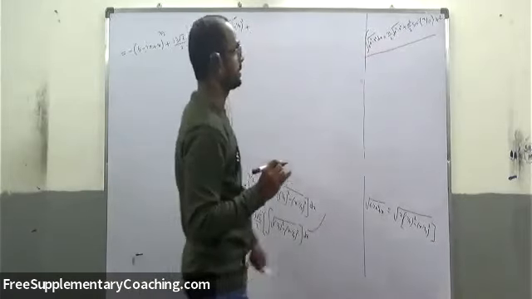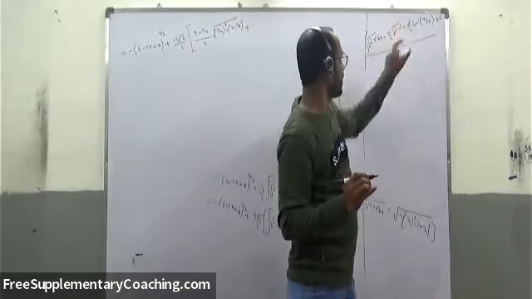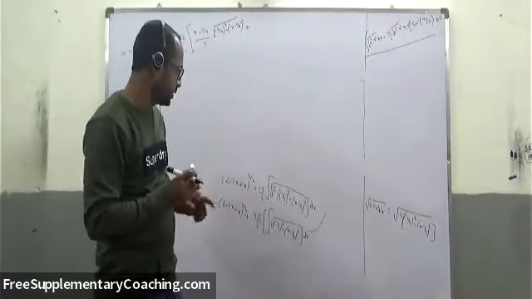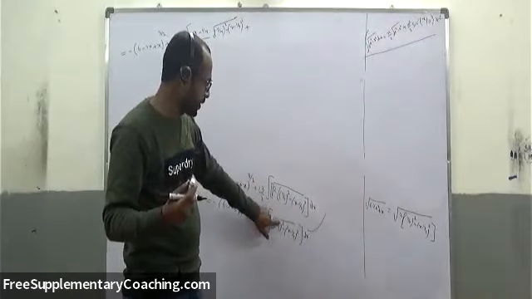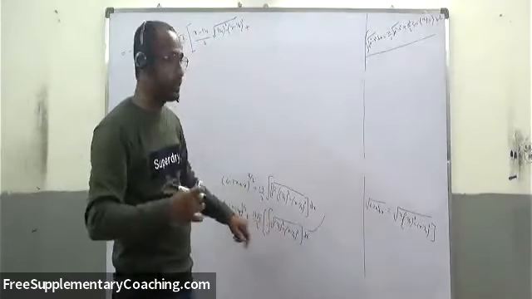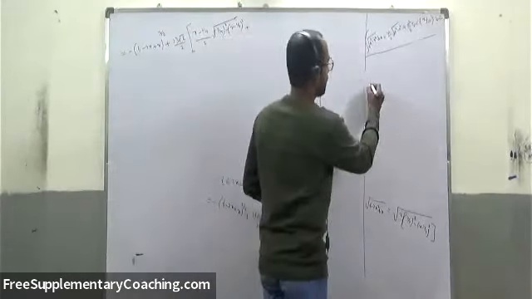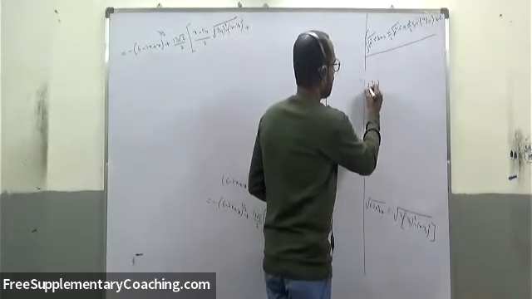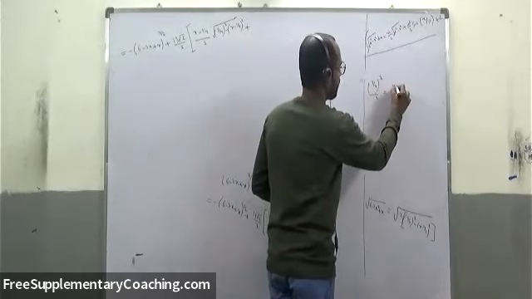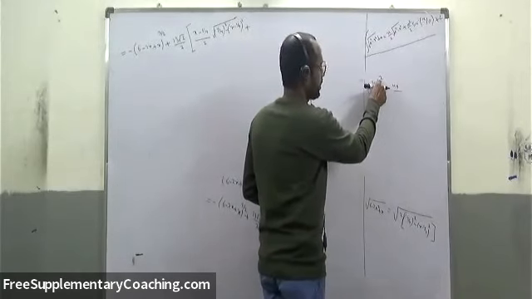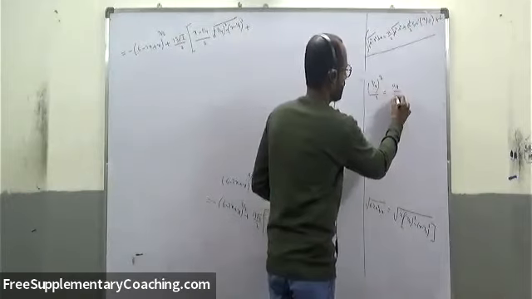Plus a² by 2. See here, a²: 7 square is 49, 4 square is 16, times 2 is 32.